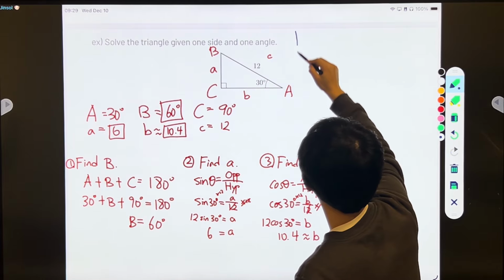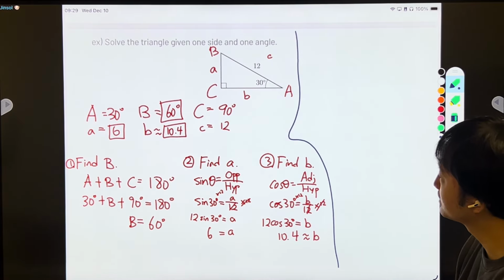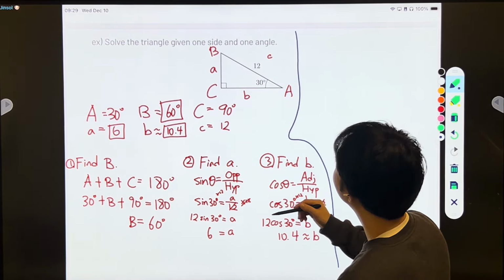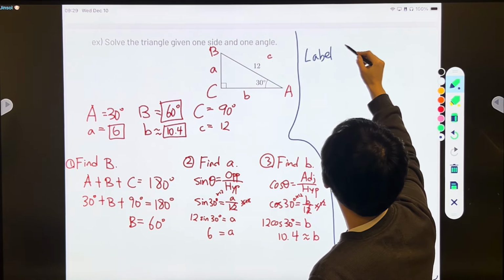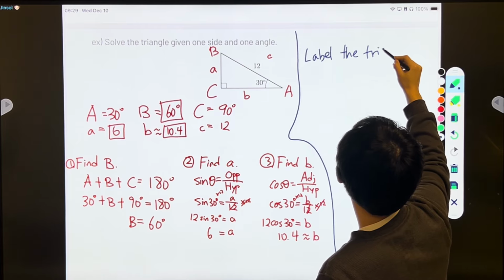Once again, let's annotate. The only new part in this question is the fact that we're labeling the triangle ourselves. So label the triangles.